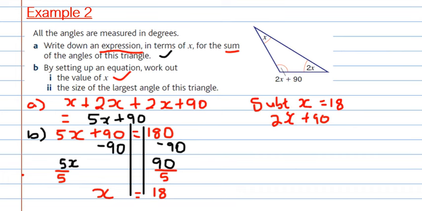So we show our workings to show the substitution. So 2 times 18, and I tend to use brackets for multiply so that students don't get confused between the multiplier and the X, plus 90, and that will give you 36 plus 90.